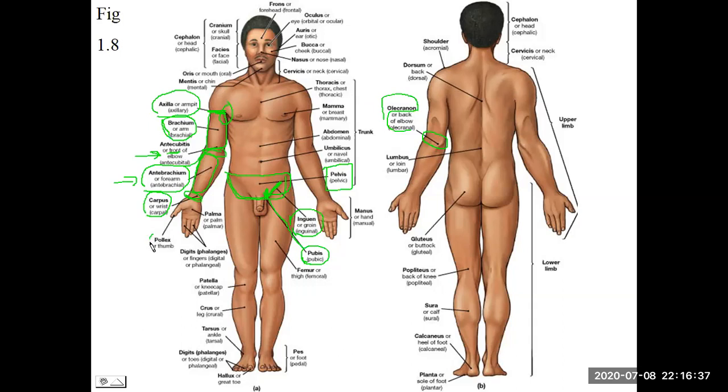Pollex, this is the term for the thumb, specifically just the thumb. And the anterior side of the hand, that's the palmar region, facing forward. That's its position in anatomical position. Palmar region faces ventrally.